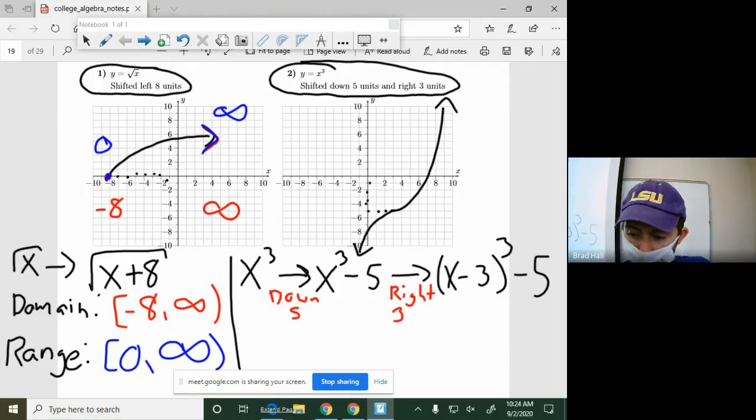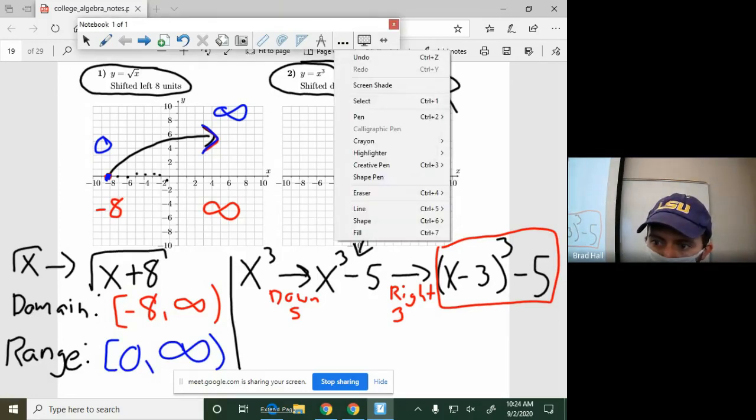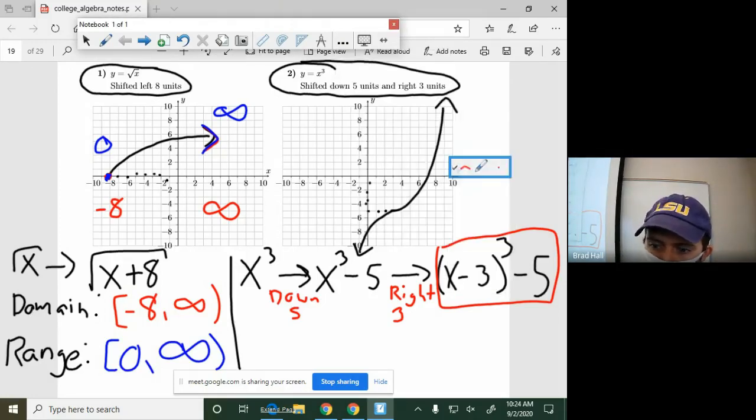And so what we have on the far right here, that would be the function that corresponds with this newly transformed shape. And from here, we can go ahead and figure out the domain and the range.